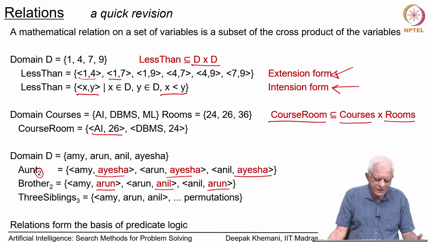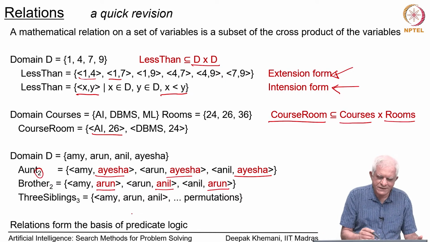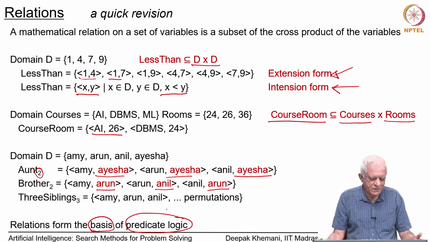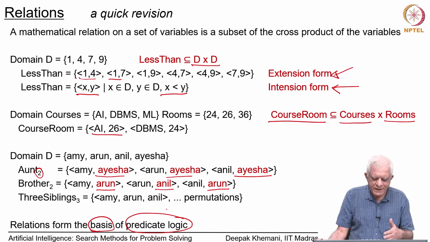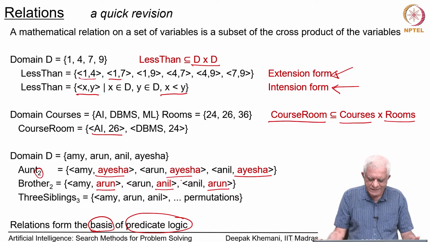In which case, if you were using logic, and we have already seen at least a glimpse of that, relations form the basis of predicate logic, because all these can be predicates, aunt or brother or siblings, and 2 or 3 elements can be the arguments to that essentially.